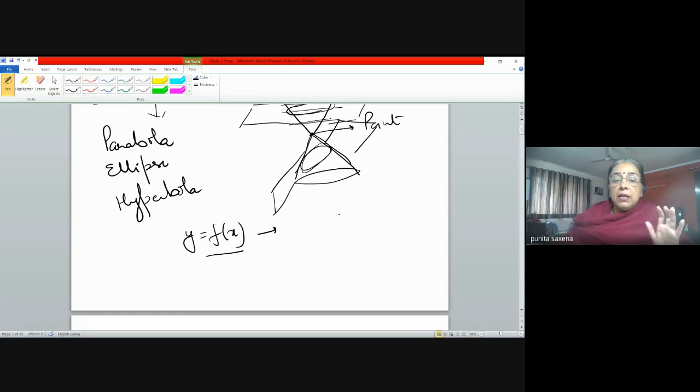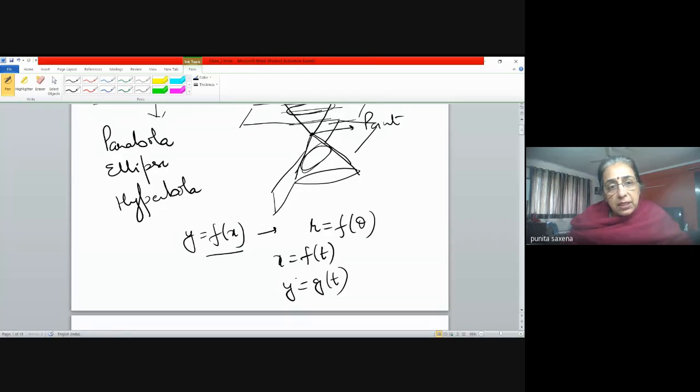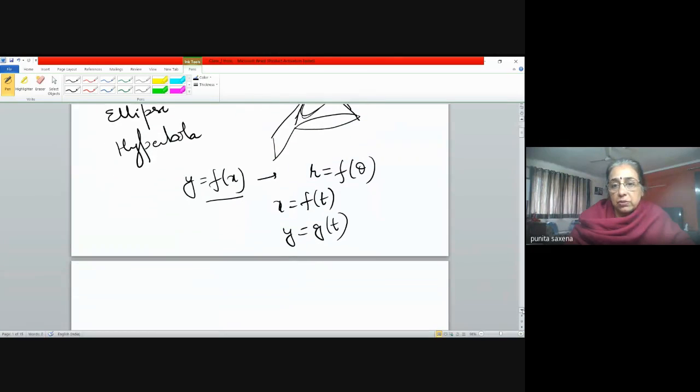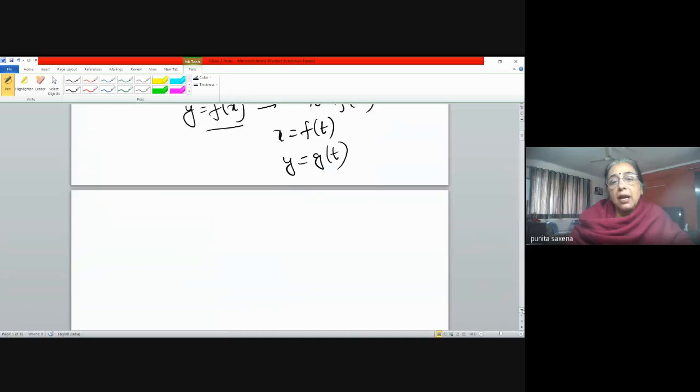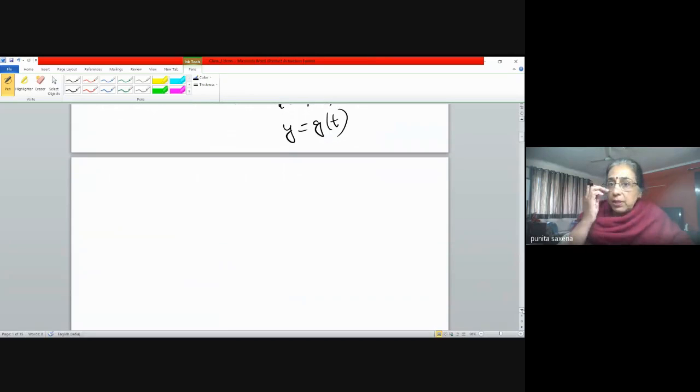Not just this, we have traced polar curves. We have traced parametric curves also. So these are certain standard curves that we have learned how to sketch. But when it comes to conic sections, since they are typical in nature, they have a typical procedure of learning how to sketch them.